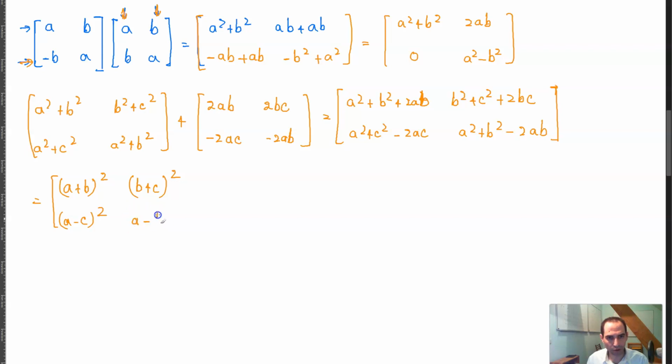That's the same thing as A plus B whole squared, B plus C whole squared, A minus C whole squared, and A minus B whole squared. That is going to be your matrix.